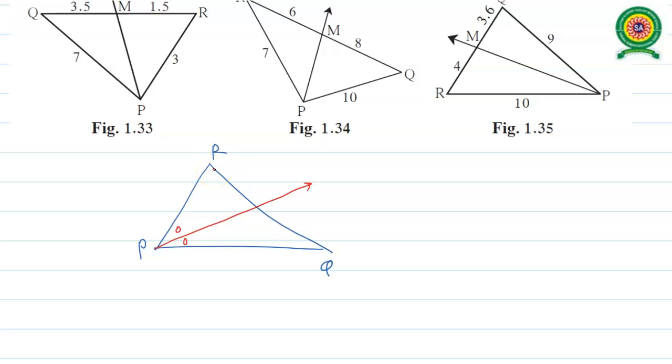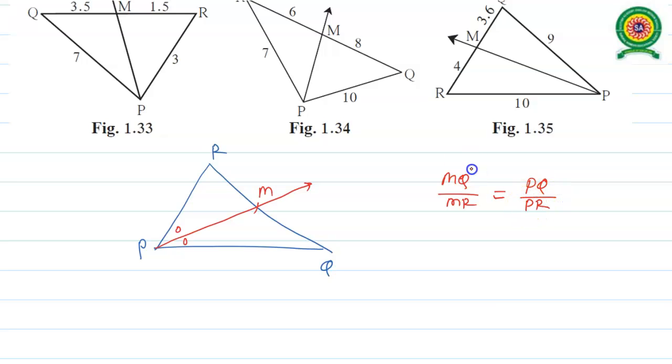As per the angle bisector property, we can say that the intercepts made by a bisector on its opposite side QR, their ratio, that means MQ divided by MR, is equal to the ratio of the remaining two sides of the triangle, that is PQ divided by PR.